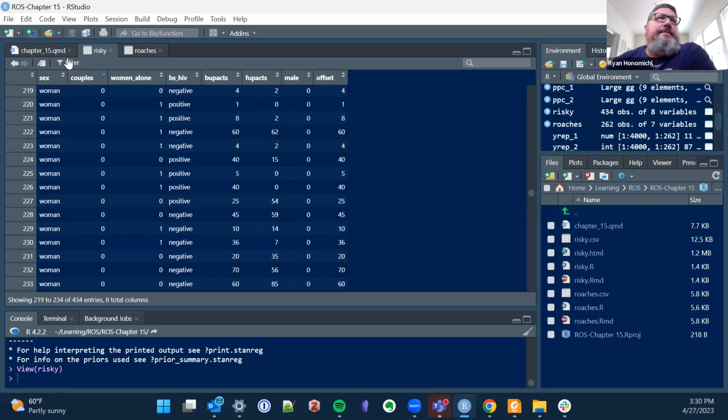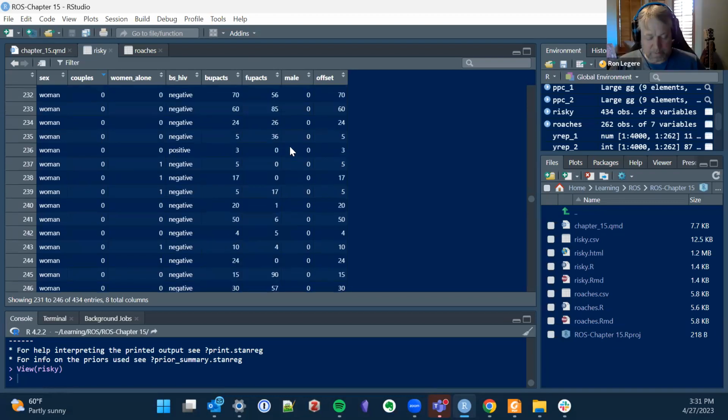And this is the baseline number of unprotected acts. I relabeled this as the offset, and this is the outcome, which is after the follow-up, how many unprotected sex acts. And I also dummy coded gender as male.